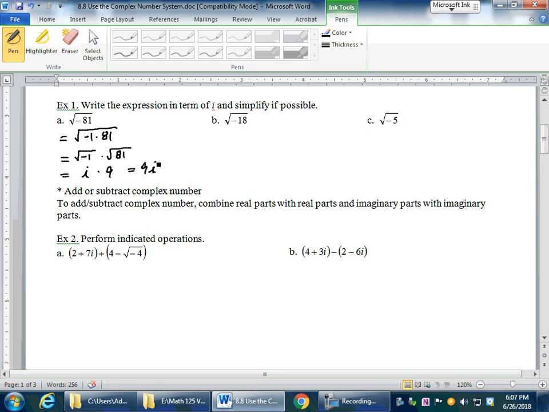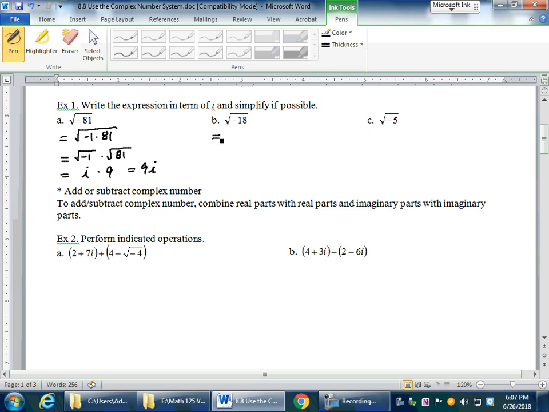From now on, we don't want to write down every little detail like in the first example. When we see the square root of a negative number, we know right away that an imaginary unit is involved. Let's take a look at the second example, the square root of -18.